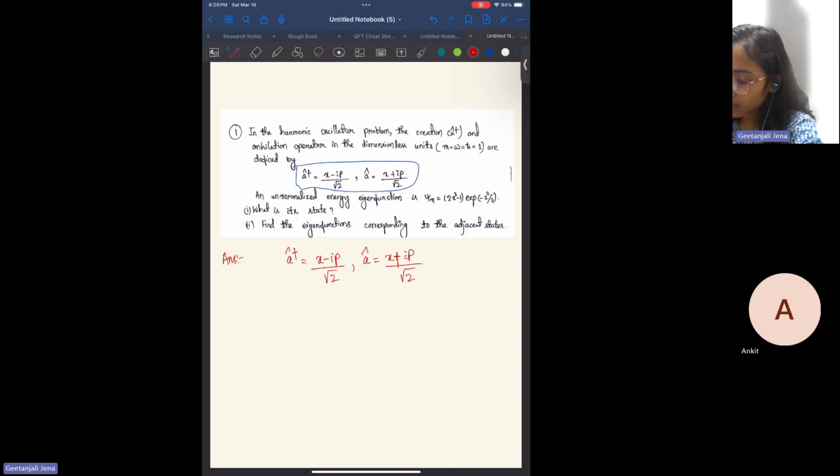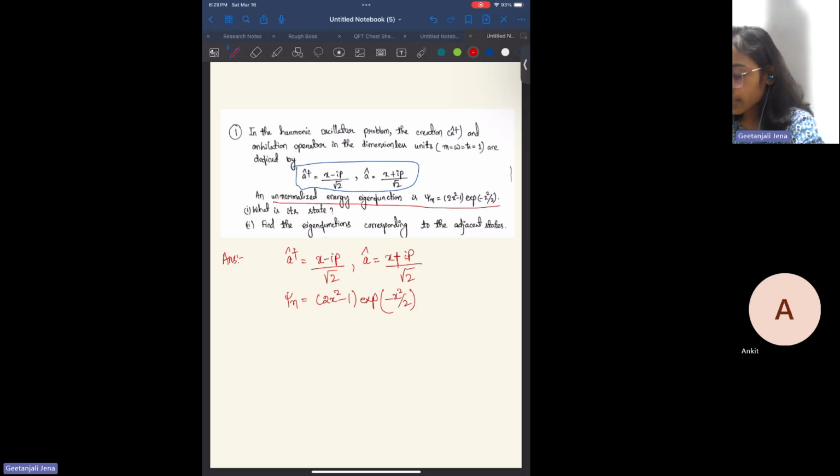Now it is also given the unnormalized energy eigenfunction of a state psi n. So psi n is given as 2x square minus 1 times exponential minus x square by 2.